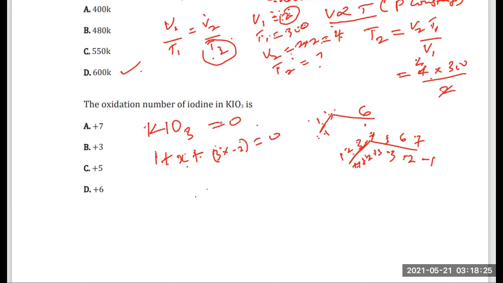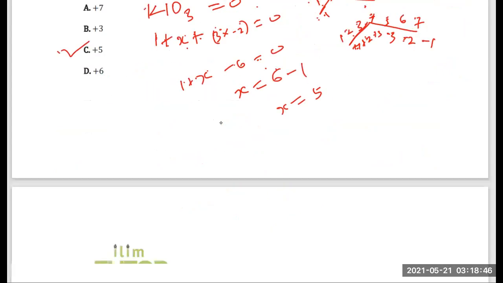So that is 1 plus X minus 6 equals 0. My X will now be, when -6 crosses over to positive, 6 minus 1, so basically that is 5. That's the oxidation number of iodine in this question.